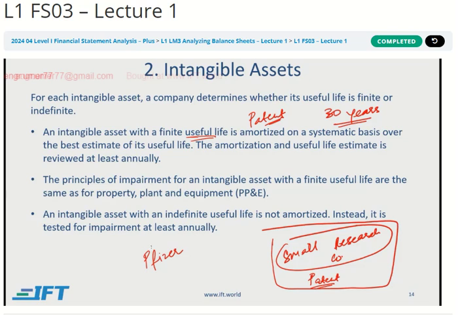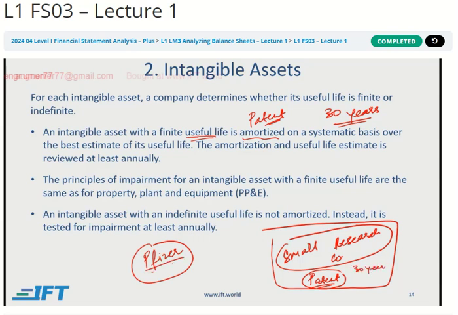But what I want to talk about right now is the amortization process of this intangible asset with a finite useful life. So let's say this small research company develops the cure for cancer and it gets a patent for it for 30 years.